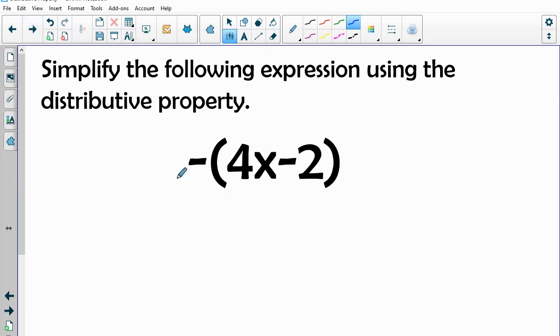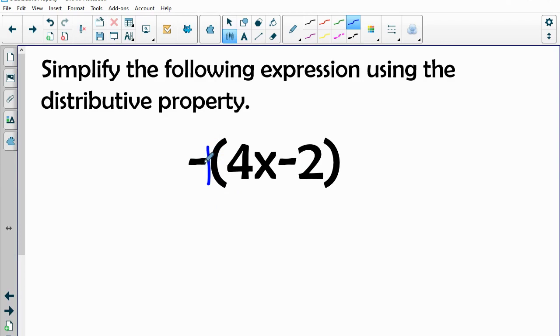Let's try this one. This is one that could stump a few people. If you just have a minus sign in front of the parentheses instead of some number, what do you do? Well, whenever you have just a minus sign in front of a set of parentheses, we want you to remember that there is also a 1 there. That's one way of writing this problem.